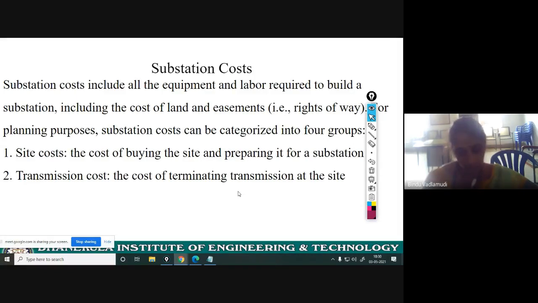Did you get my point? Is it clear, ma'am? Yes, ma'am. So the first one is site cost and the second one is transmission cost.